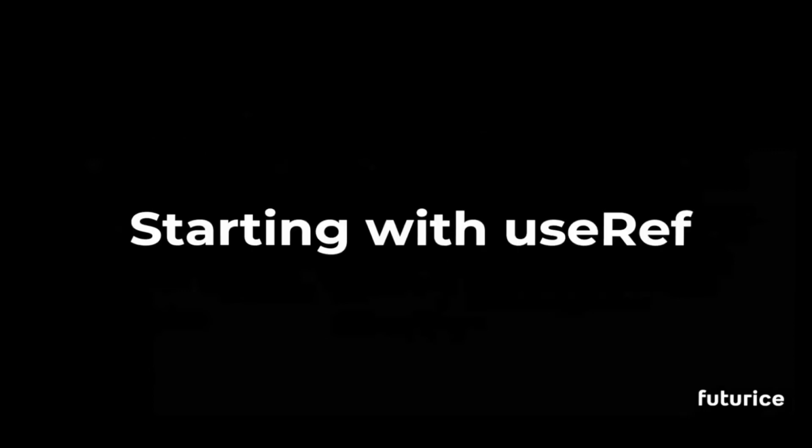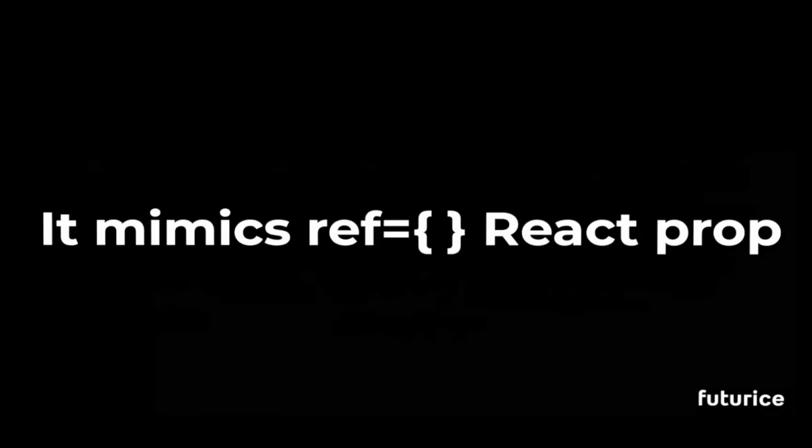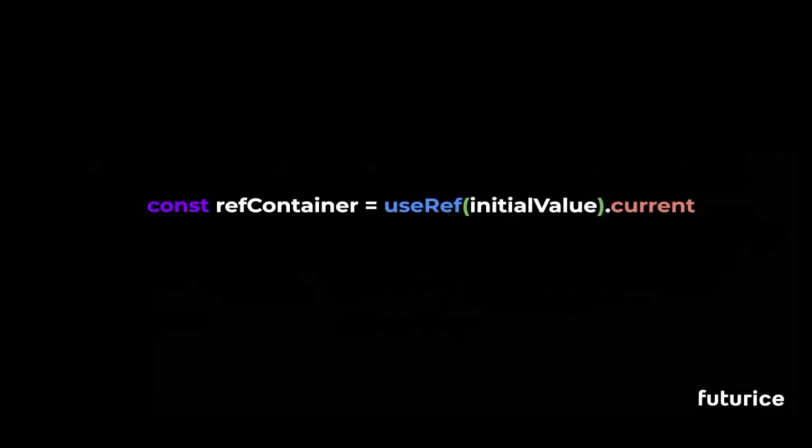Okay, so I'm going to start by talking about useRef. Basically, if you already know React, it mimics the ref React prop. When you use the function, you get an initial value. useRef is going to return a plain JavaScript object, but when you use .current, you get something like an instance of a class, if you think about object-oriented programming.